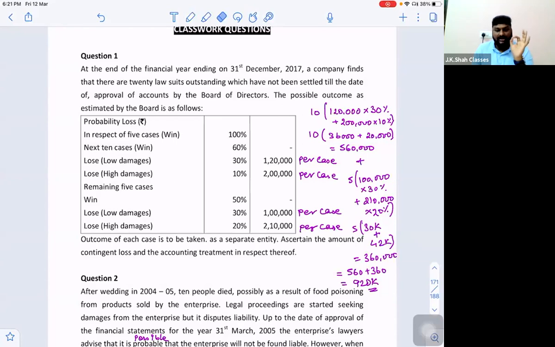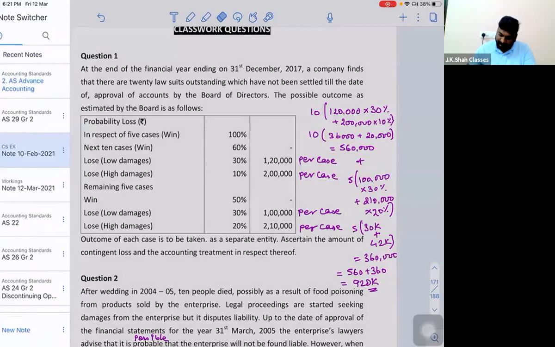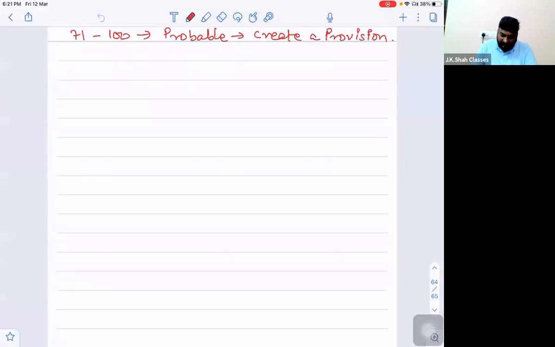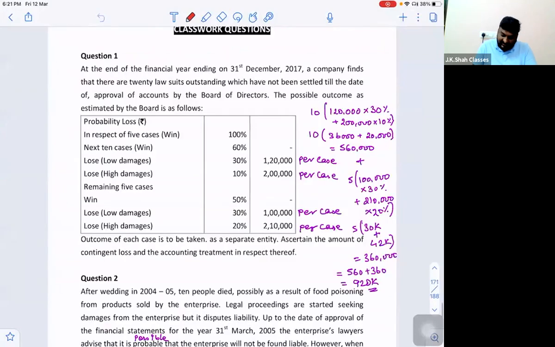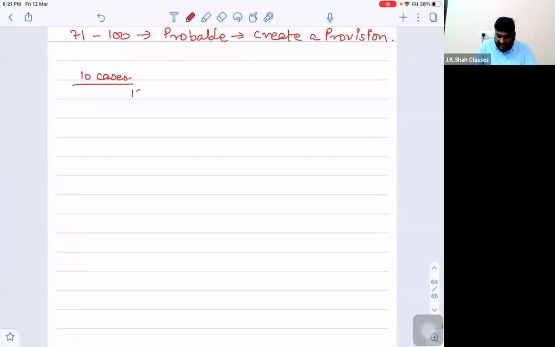But the important point is, how will you calculate the amount of loss? Because some data is given to you. So how will you calculate the loss? Now please understand this for 10 cases. Right? Low damages 1,20,000, and the chance of this 1,20,000 is 30%.